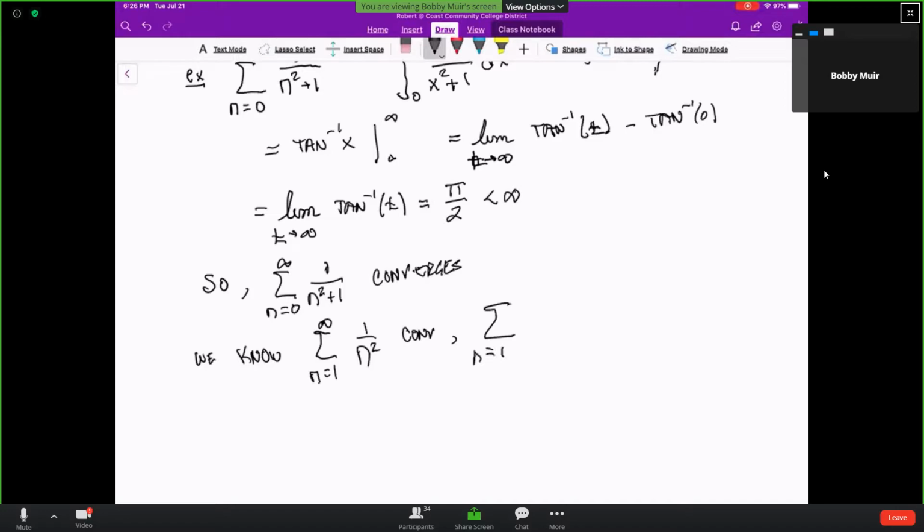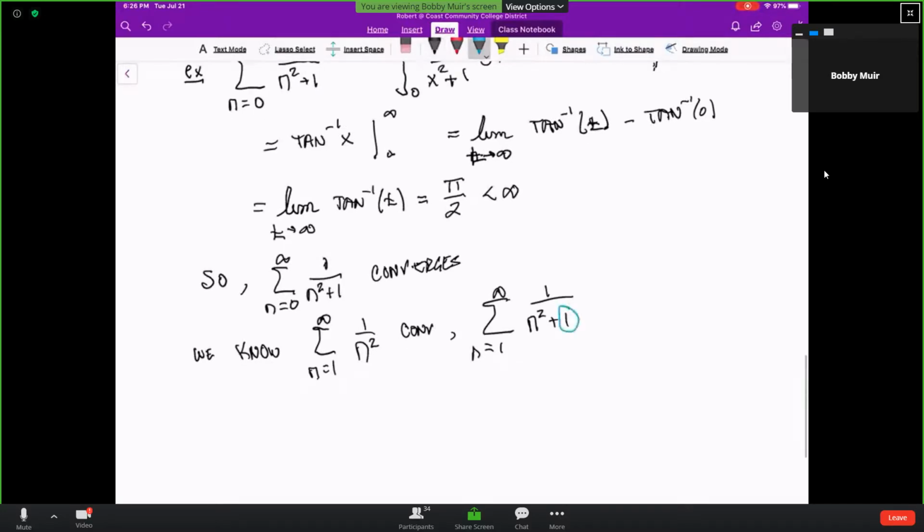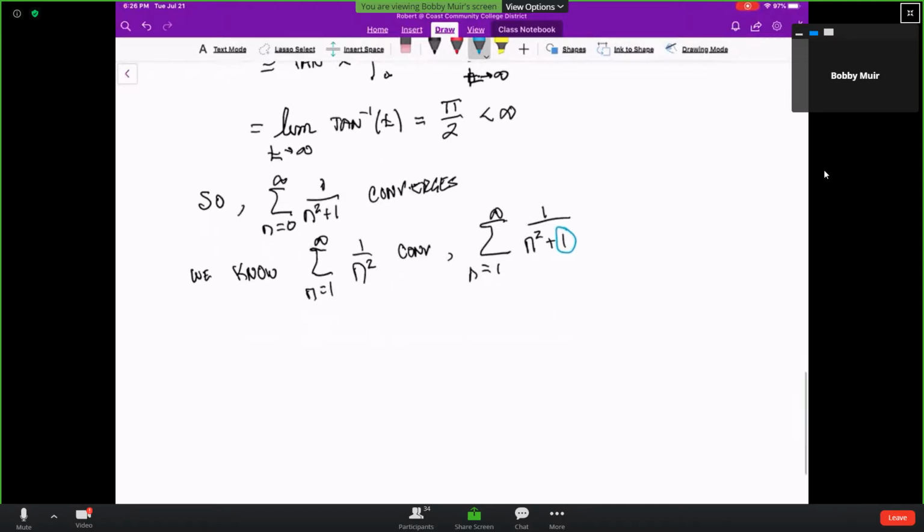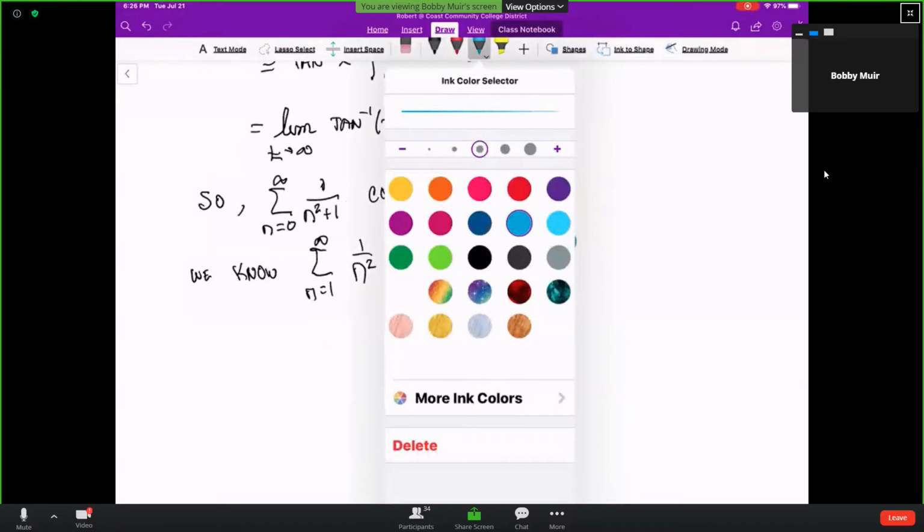This thing is not the same, but when n gets really, really big, does this 1 really matter right there? Remember, we're going to infinity. So n could be 10 trillion, billion, billion, trillion, and then you just add 1 to it. Well, we should be able to say something a little bit better about this.